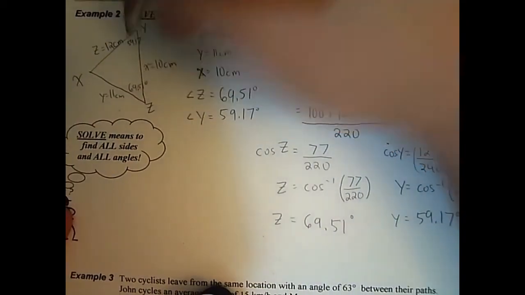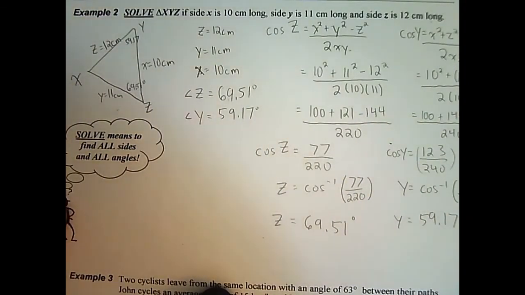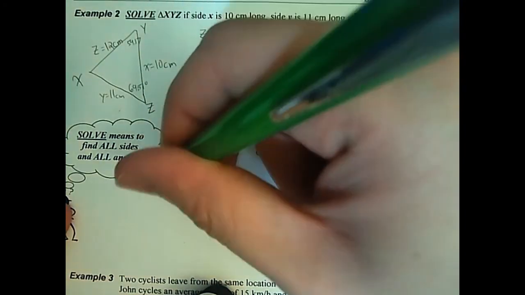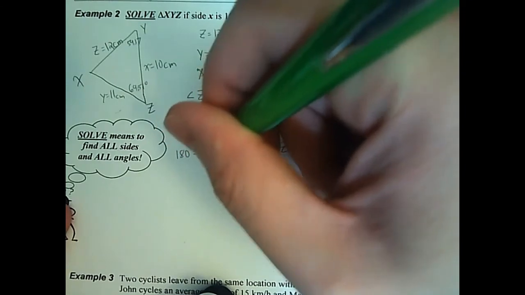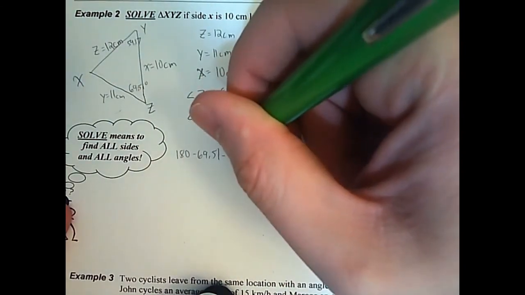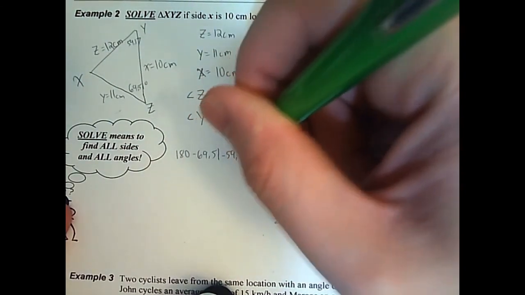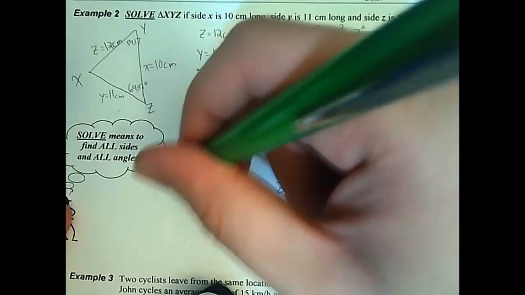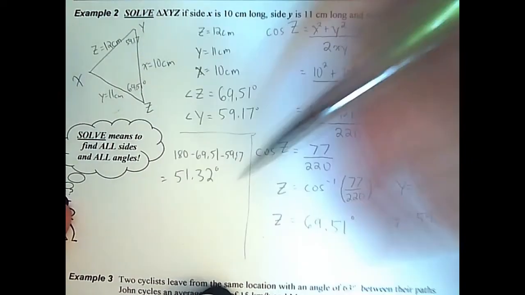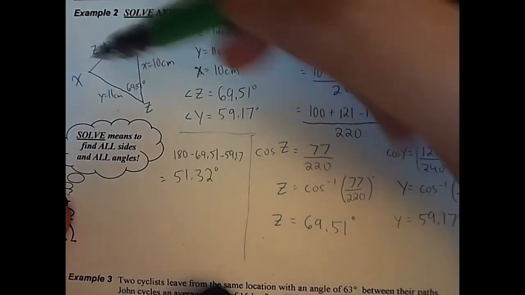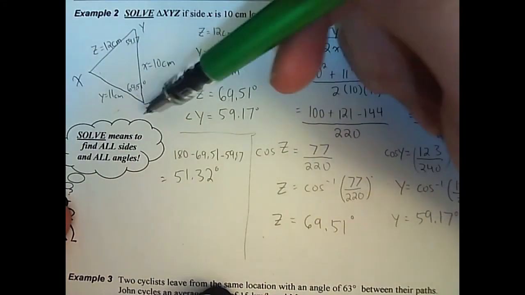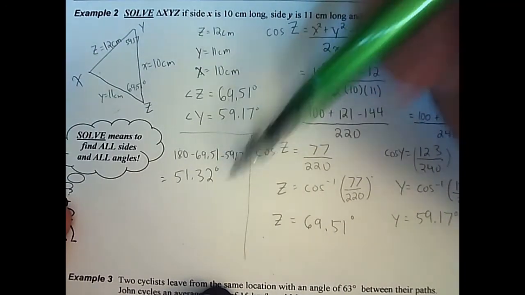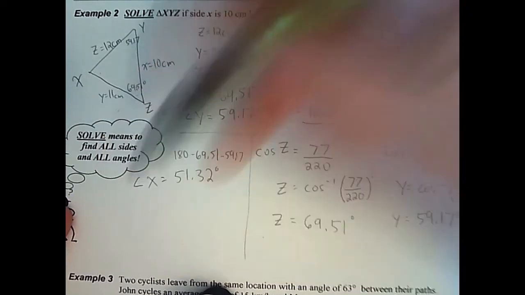So for argument's sake, yes, if we did everything correctly, we made no mistakes, I could just do 180 subtract 69.51 subtract 59.17, and I would get 51.32 degrees. So I know all three angles have to add up to 180, so I just 180 subtract angle Z and then subtract angle Y, and the leftover has to be angle X.